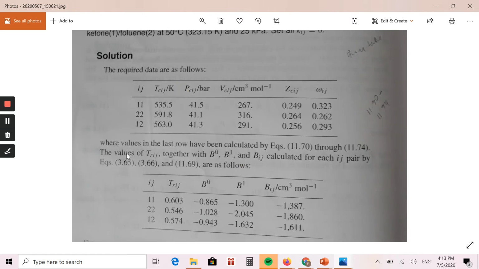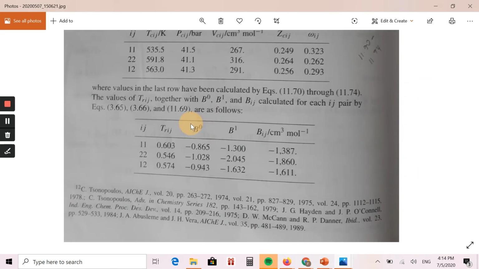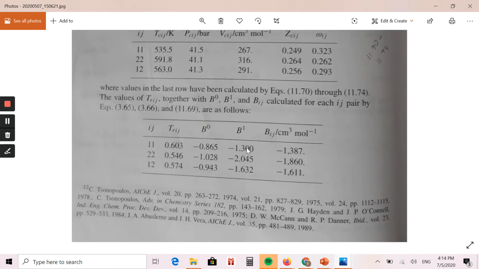All right, and then you can calculate based on equations 3.65, 3.66, and 11.69, and you will get your B11, B12, B21, sorry, B22. Okay, so once you have finished that, you can do the calculation.